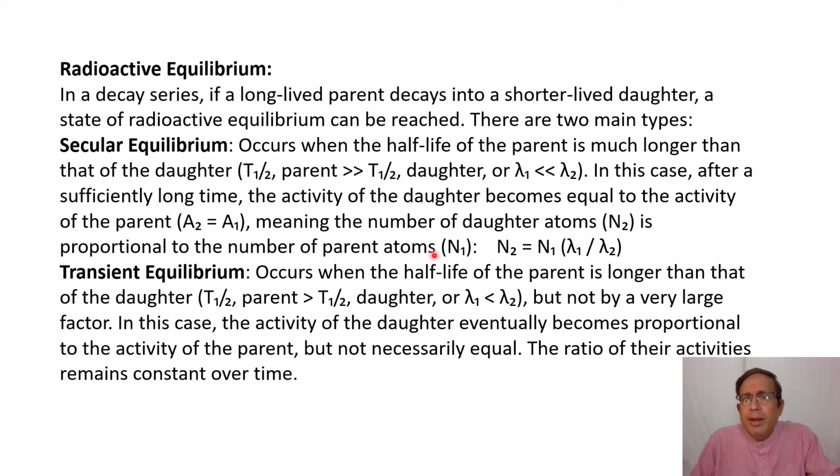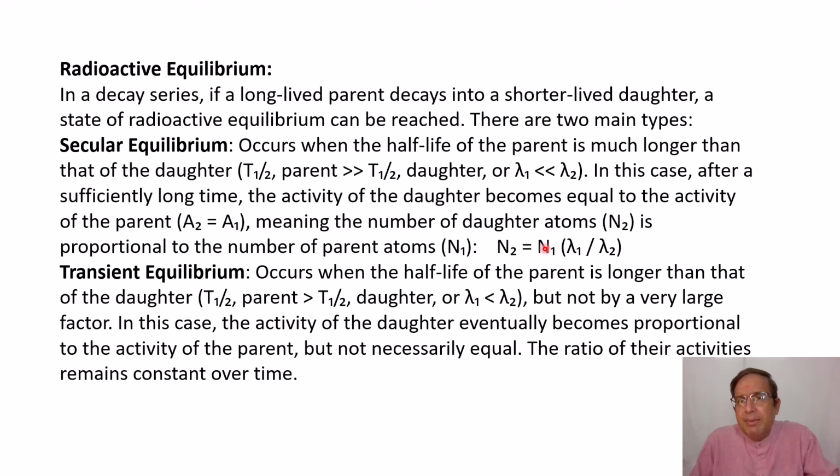That means N1 and N2 are going to change with time, but in a proportionate manner. So the actual equation is N2 = N1 λ1/λ2. We will discuss this equation in a little more detail when we do the problems. But you can see N2 λ2 is equal to N1 λ1.